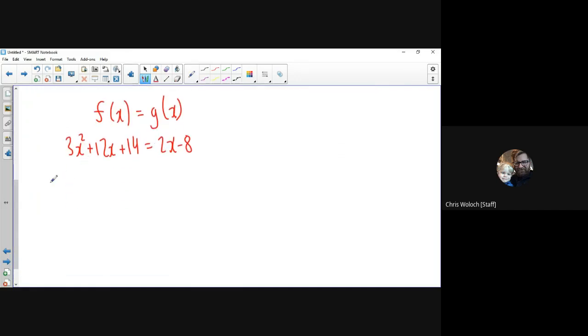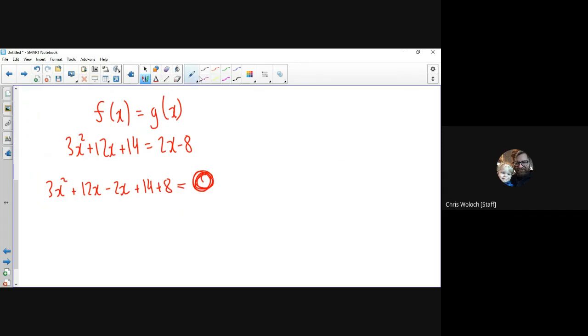Now I'm going to move the pieces of g of x onto the other side where f of x is. So I have 3x squared plus 12x minus 2x, because this 2 is positive, it's going to be minus on the other side. And then plus 14, and this minus 8 becomes plus 8. And this all equals 0.